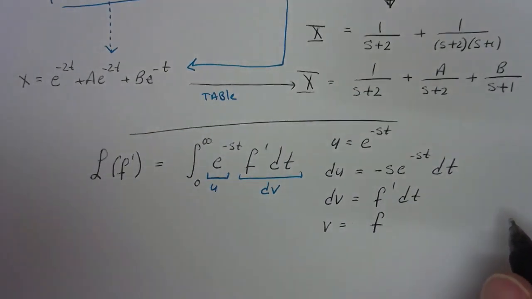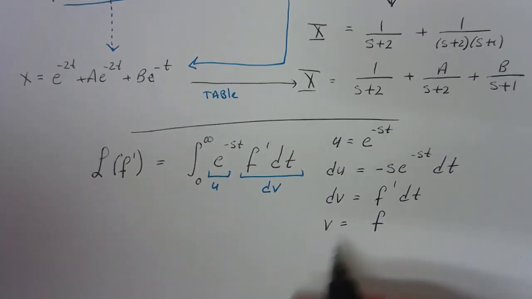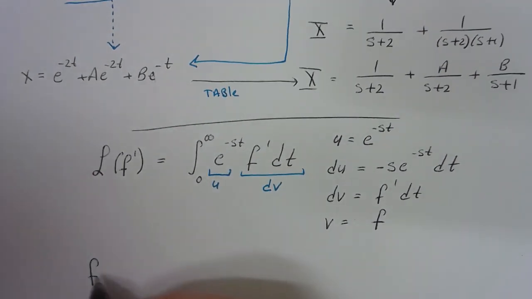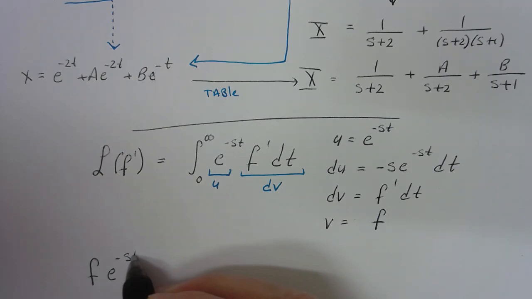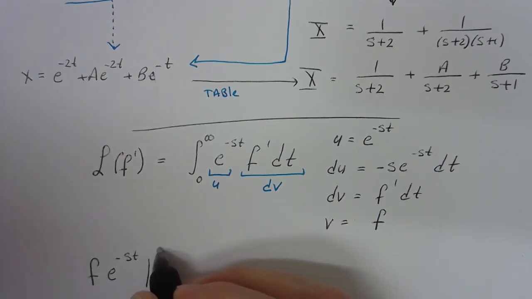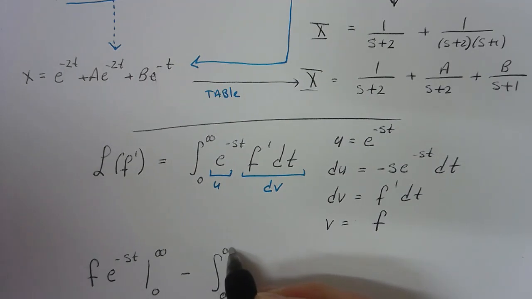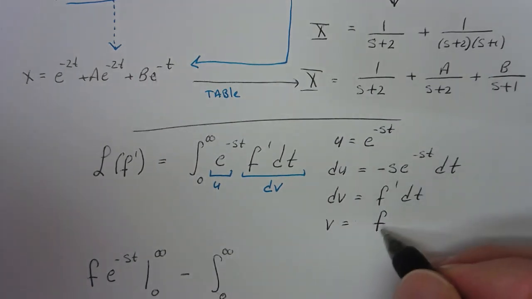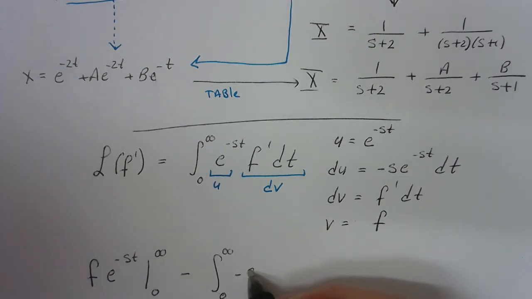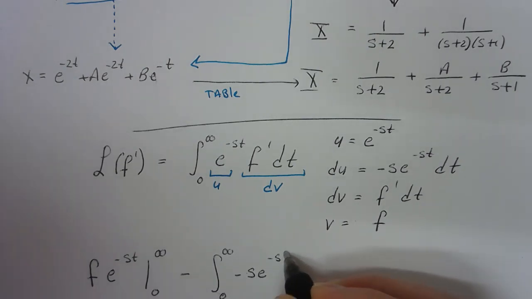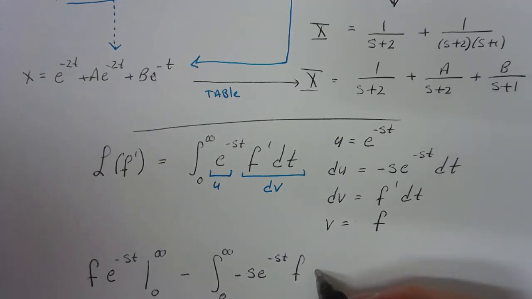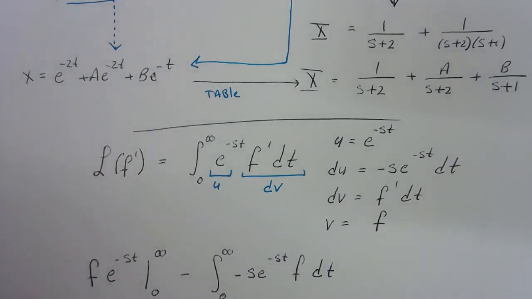So let's work this out. uv, so that would be f e to the minus st, from 0 to infinity, minus the integral from 0 to infinity of, what are we going to have? We're going to have v du, so there's minus s e to the minus st f dt.